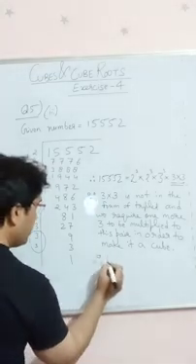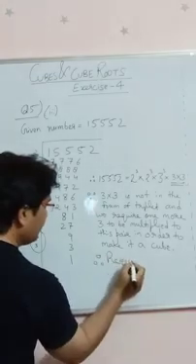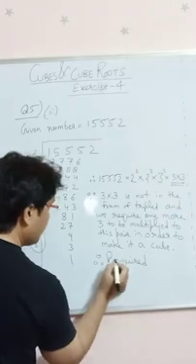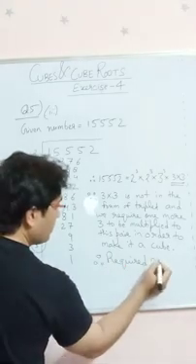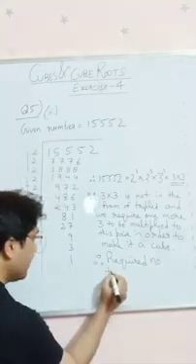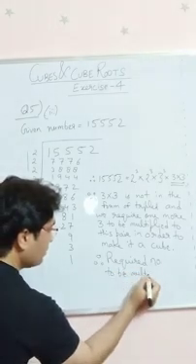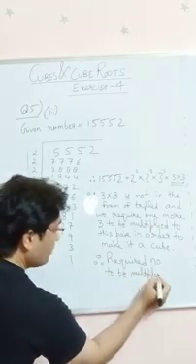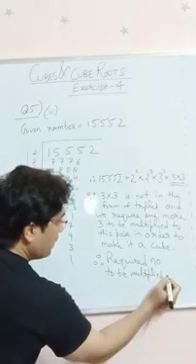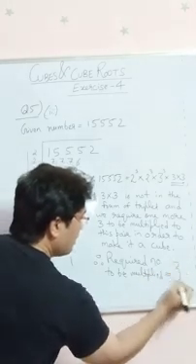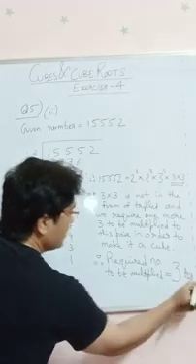Therefore, the required number to be multiplied will be equal to 3. That is our first answer.